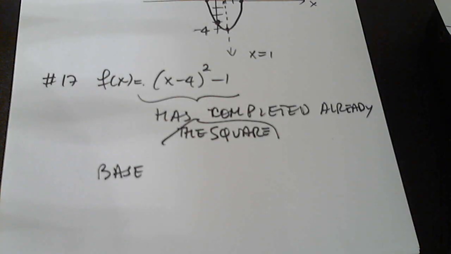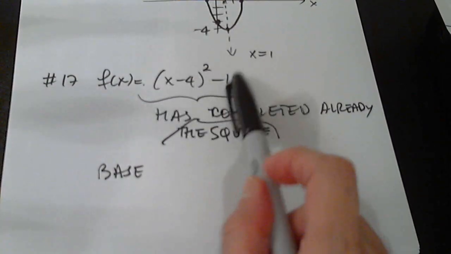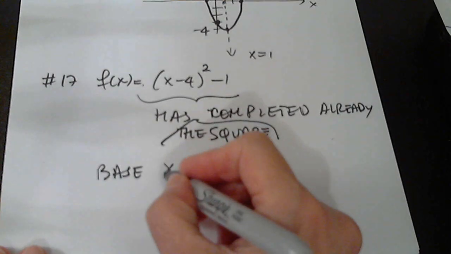Was it the absolute value of x? Was it the square root of x? Was it x cubed? We are using what we learned before. Is it linear? Which simple function was used here? Quadratic. Yes, x squared, right?